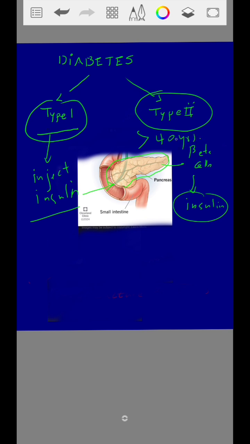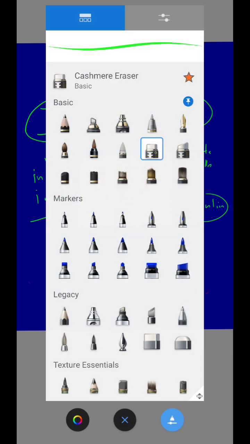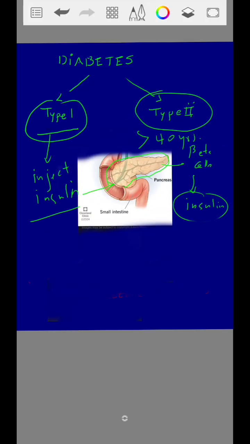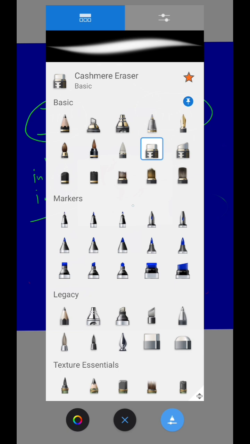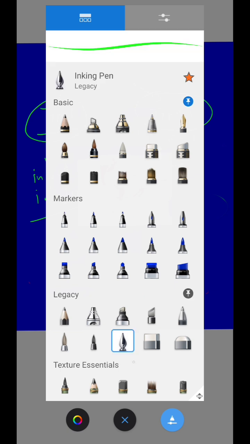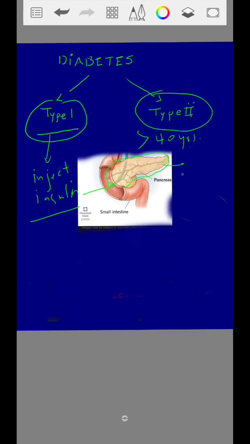And the problem with type 2 diabetes is not a condition of beta cell destruction, rather it is a problem with the body not being able to respond to insulin. The cells lose their sensitivity to insulin. So when the insulin is produced by the pancreas, the cell, for example, is not responding.